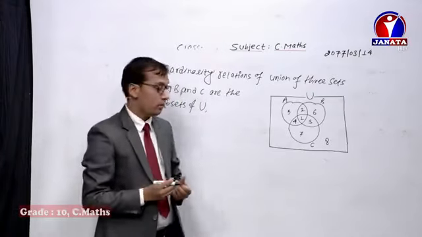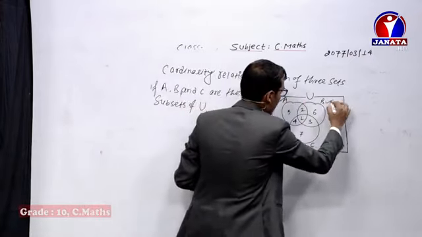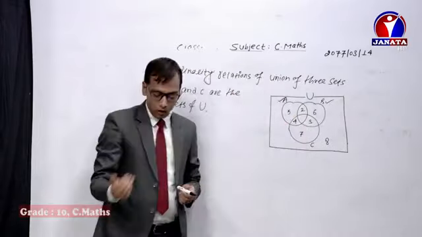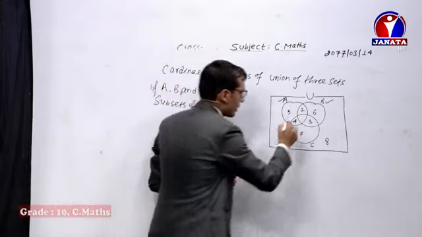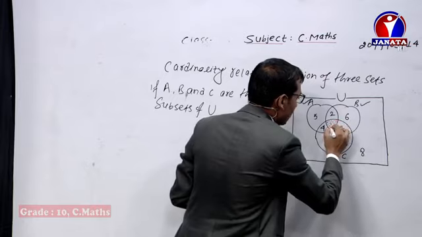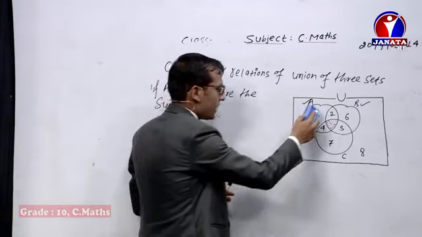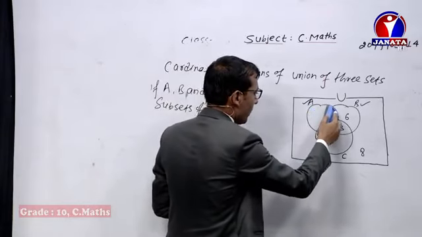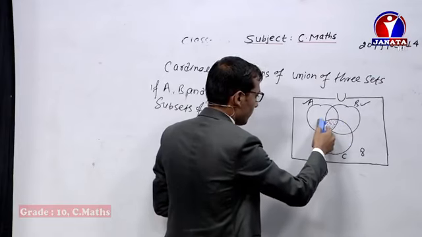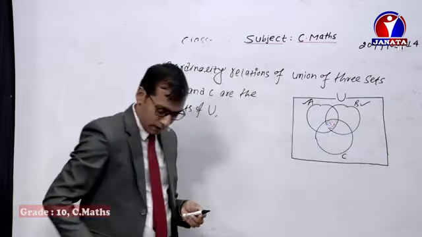A intersection B. Similarly, here there are three sets A, B and C. So we denote this common region of all three sets, the red shaded region in the diagram, by n of A intersection B intersection C, because this is the common region of all three sets.